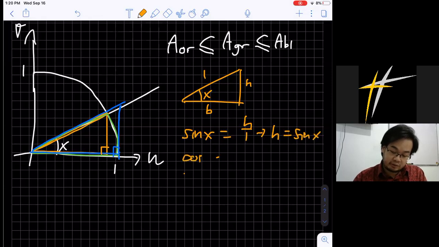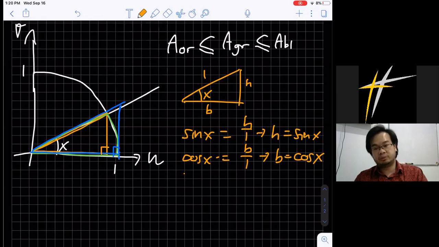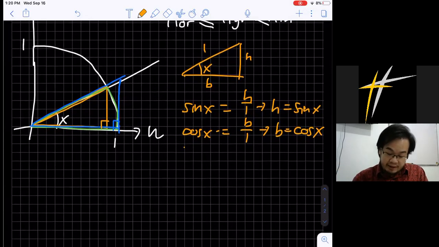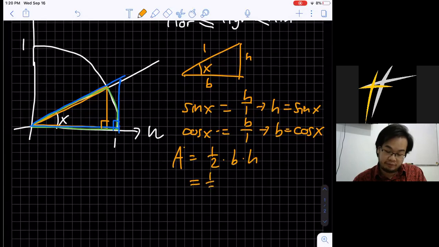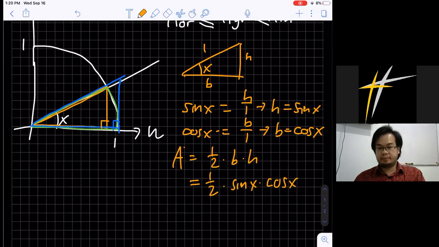And cosine x will be equal to b over 1, so b equals cosine x. And this is by the definition of the trigonometric functions, the triangular ratio, right? So the area of the orange one will be equal to half times base times height, which is equal to half times sine x times cosine x. Okay, so that's the orange one.